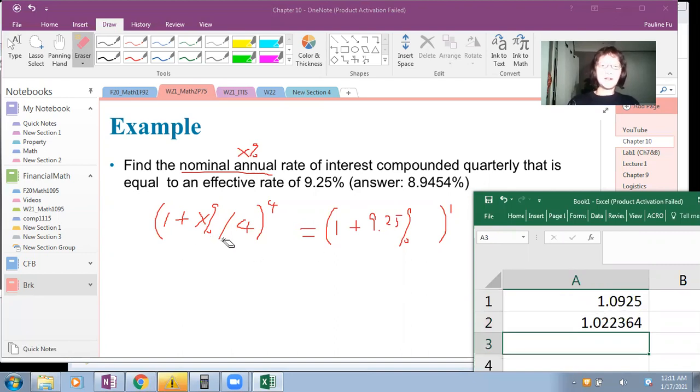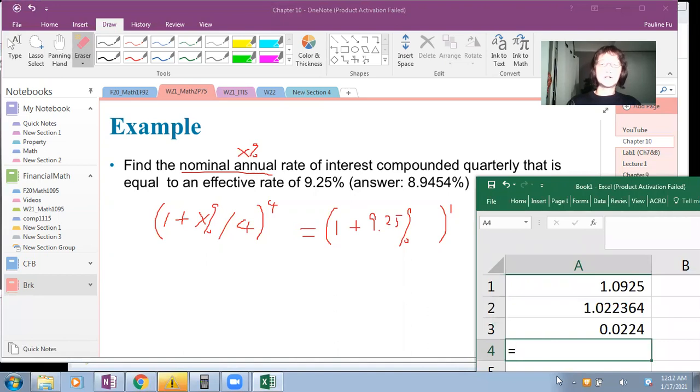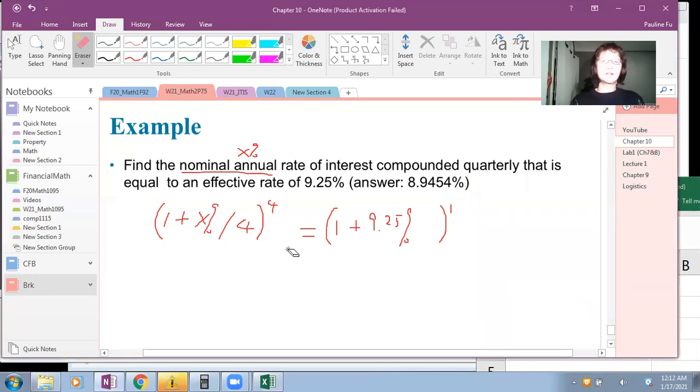You get 1 plus x divided by 4. And then this number minus 1. And then the number you get, times 4, you get x. Okay, so x is 8.945%. This is how you solve for it algebraically.